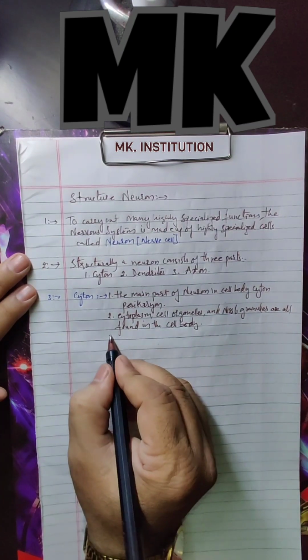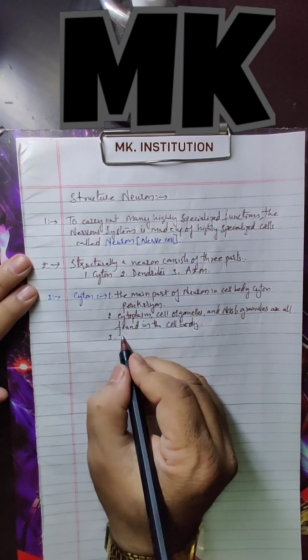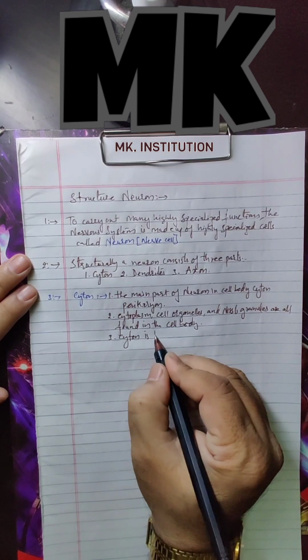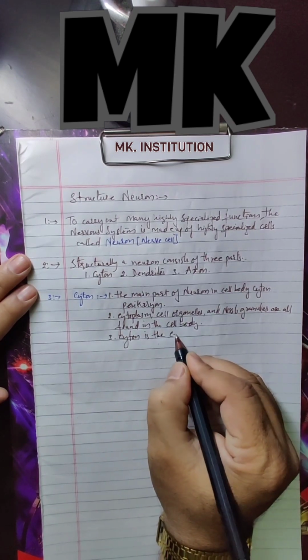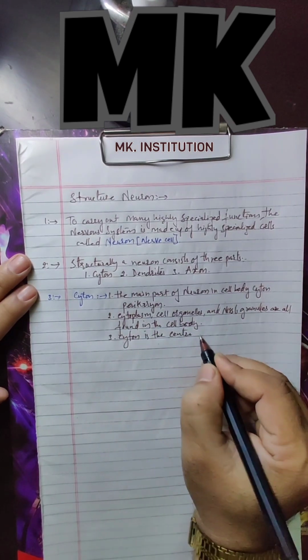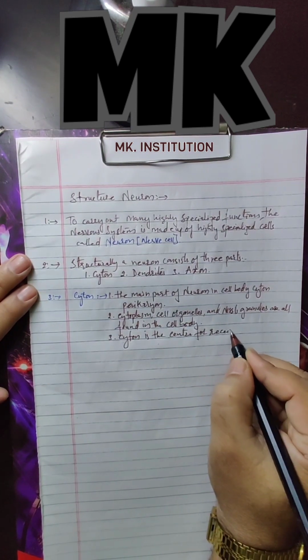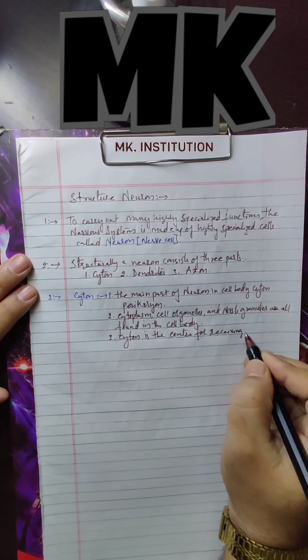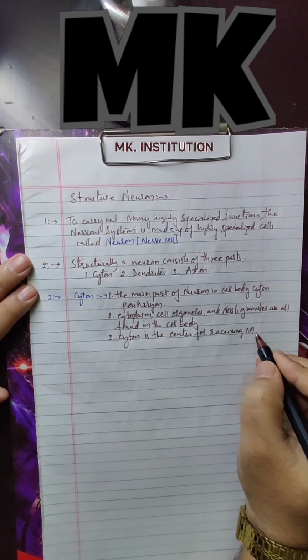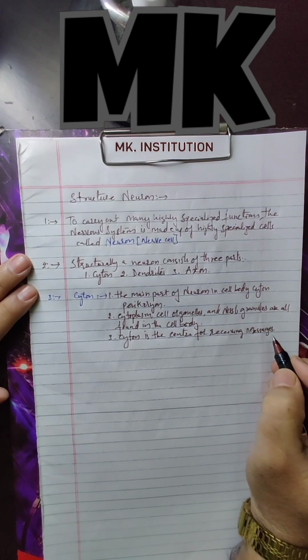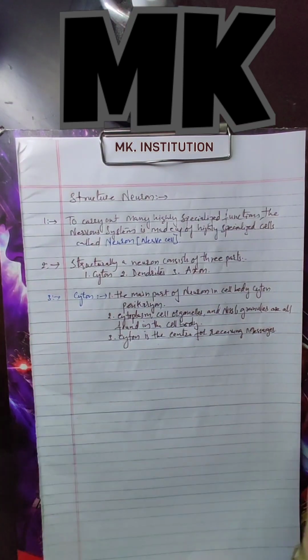Clear? And what will be the third point here now? Cyton is the center for receiving messages. Messages otherwise called as impulses. Clear? It's also called as impulses.